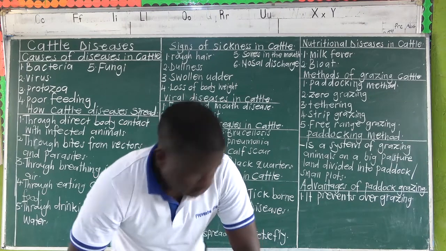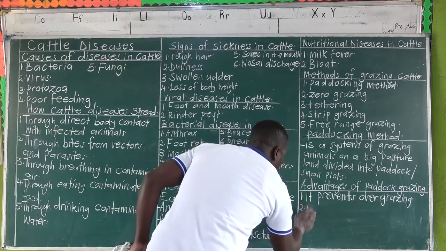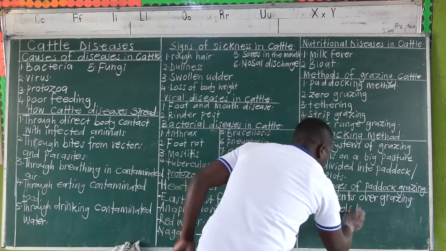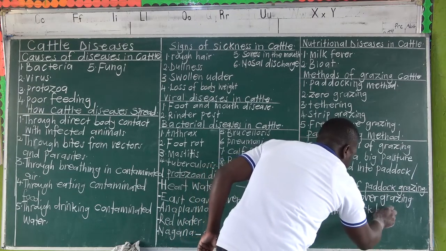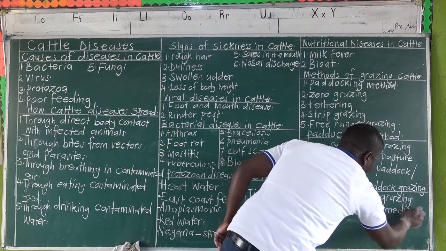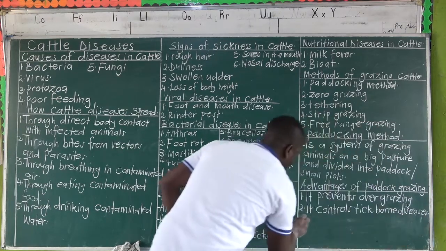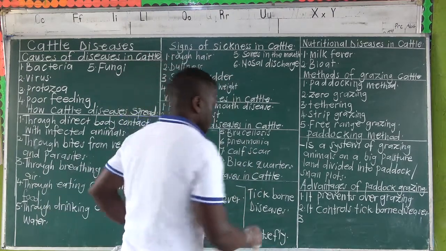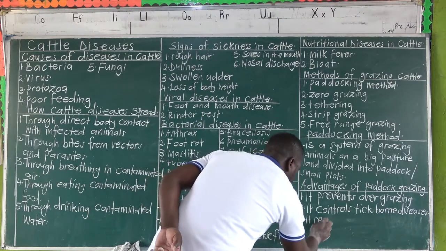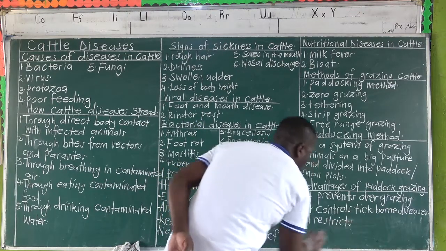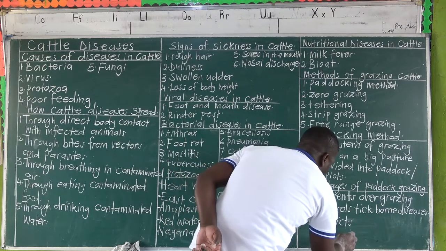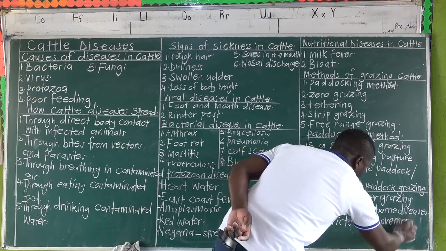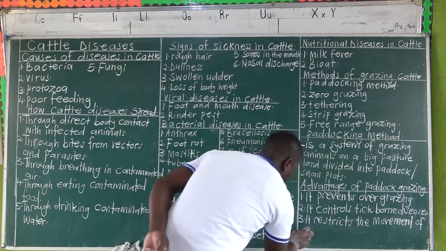Then number 2, it controls tick-borne diseases. Number 3, it restricts the movement of animals.